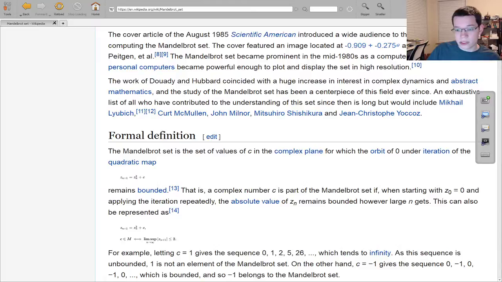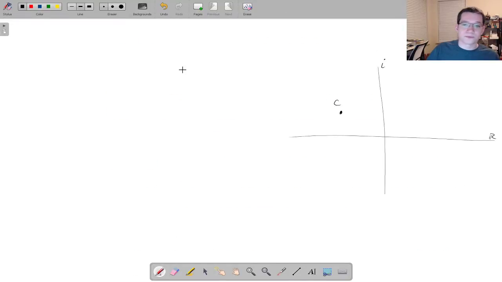So if you start with z naught equals 0, and then you have your arbitrary z_n, z_{n+1}. So when we're trying to find the next one in the sequence, we take the current one, z_n, square it, and add c.